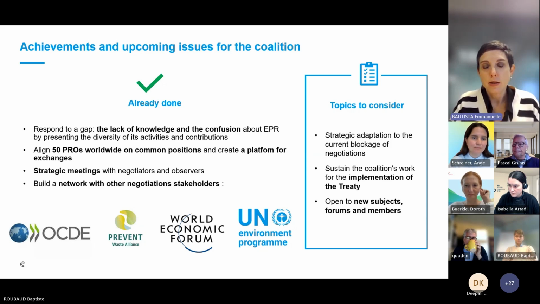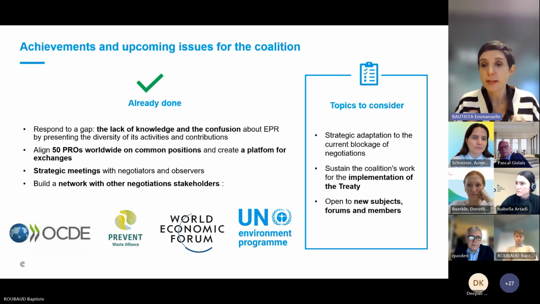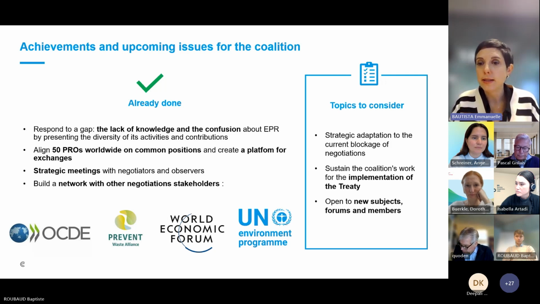Following the feedback we receive from the different delegations and stakeholders we met, they are quite interested in the fact that this type of coalition exists, in what we are advocating for EPR, and in what concrete examples we can share on EPR. This idea of having concrete, pragmatic, feasible examples is very important for negotiators.